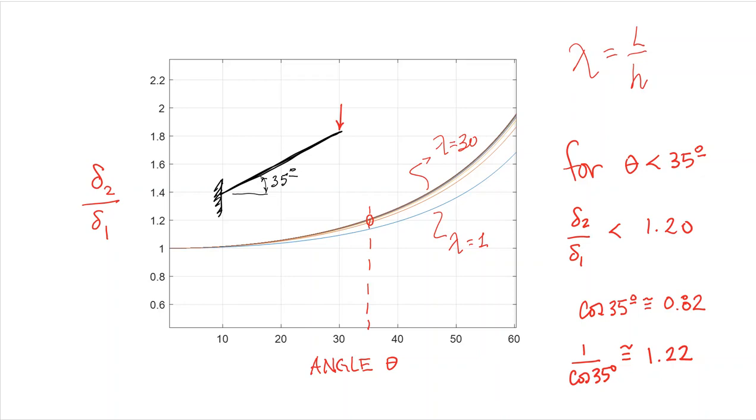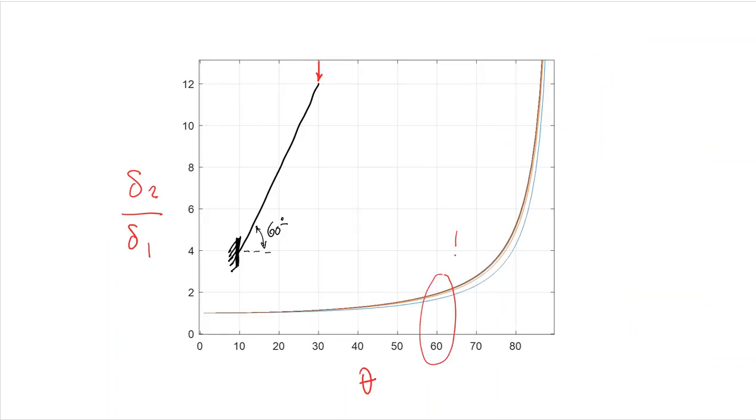If we continue plotting this for higher values of theta, we find that something interesting happens. The answer shoots up and has an asymptote at 90 degrees. And at about 60 degrees, the nature of the answer changes significantly. So we have here a sort of steady growth behavior, and then after 60 degrees, things grow dramatically.